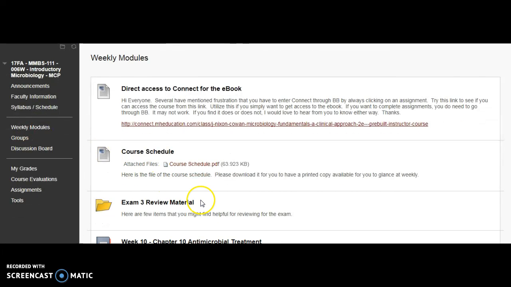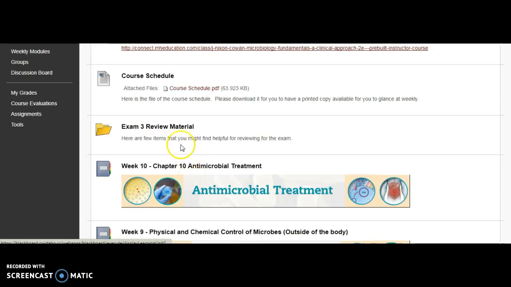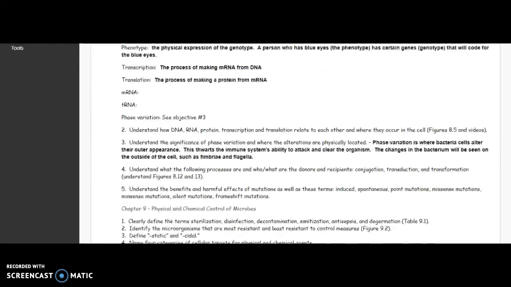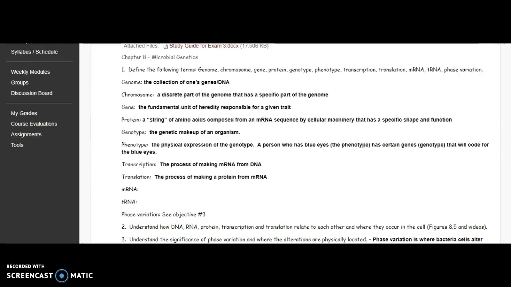So, real fast before we start with chapter 10, I wanted to point out the exam 3 review material. What you have here is a complete study guide, a complete list of your chapter objectives. Here's chapter 8, microbial genetics. Objective 1 was just defining these various terms.